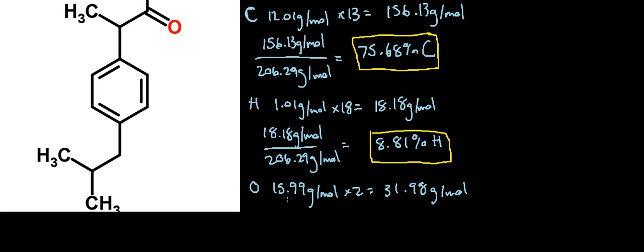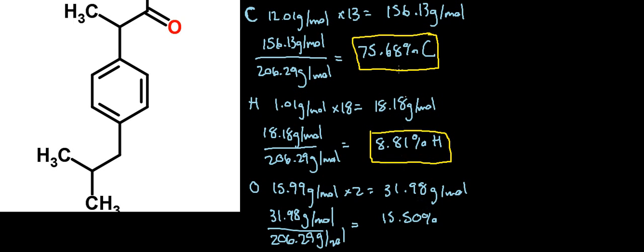Then I divide this, I'll write it out first, divided by the total grams per mole. This is equal to 15.50% oxygen. And then all three of these together are my final answer.